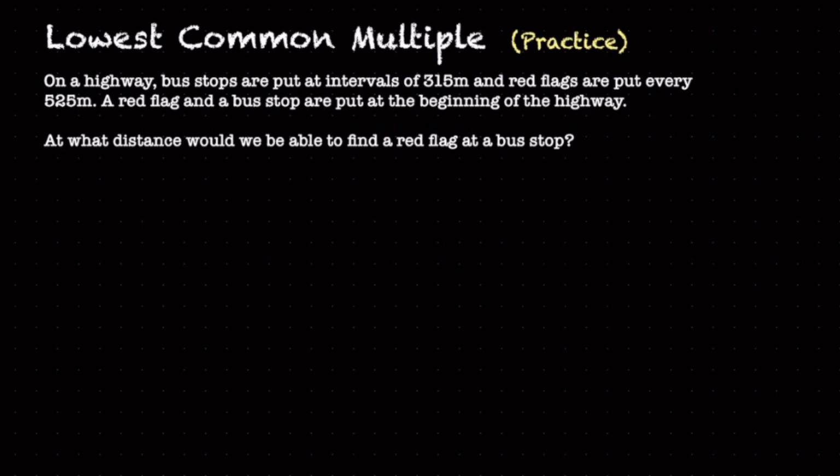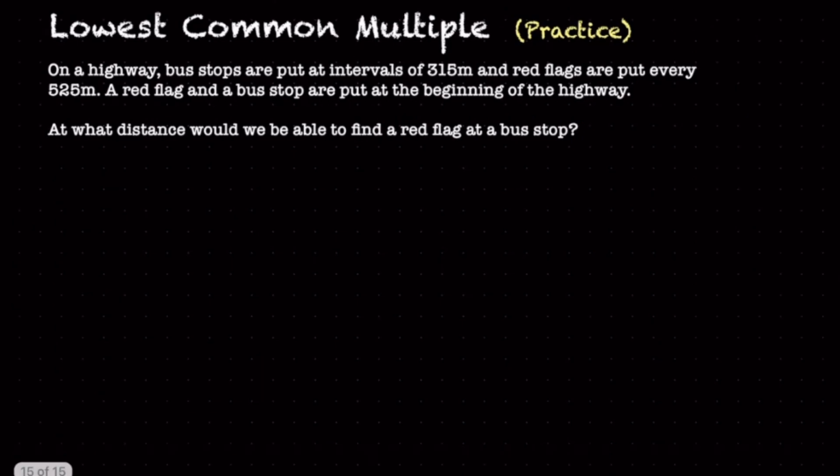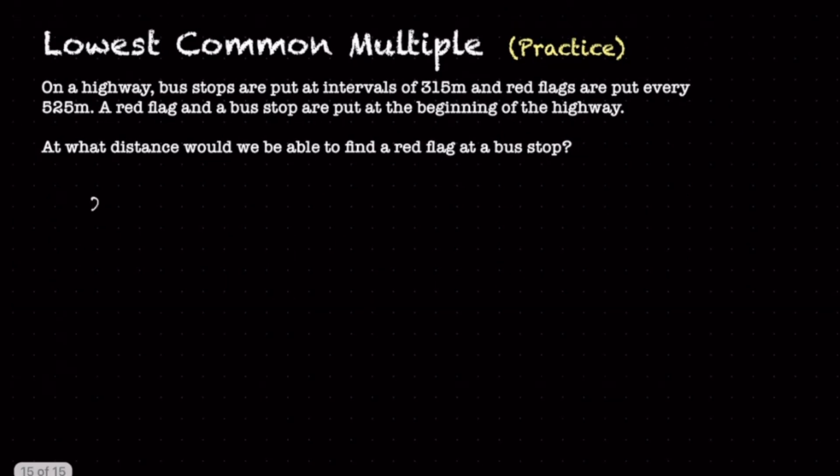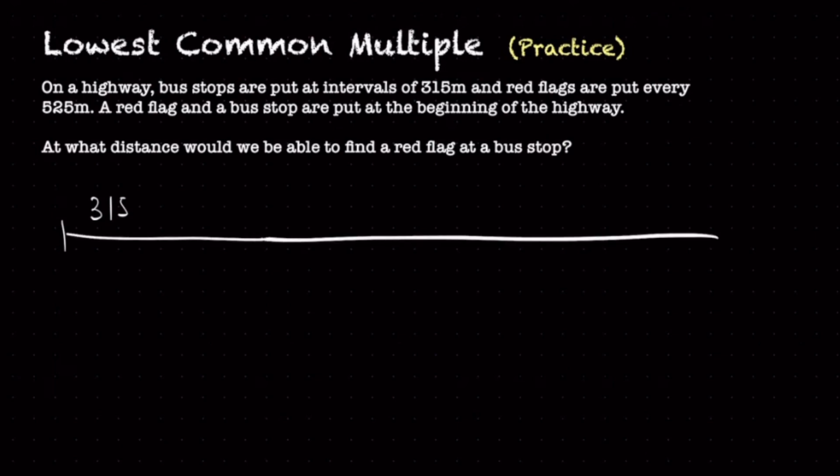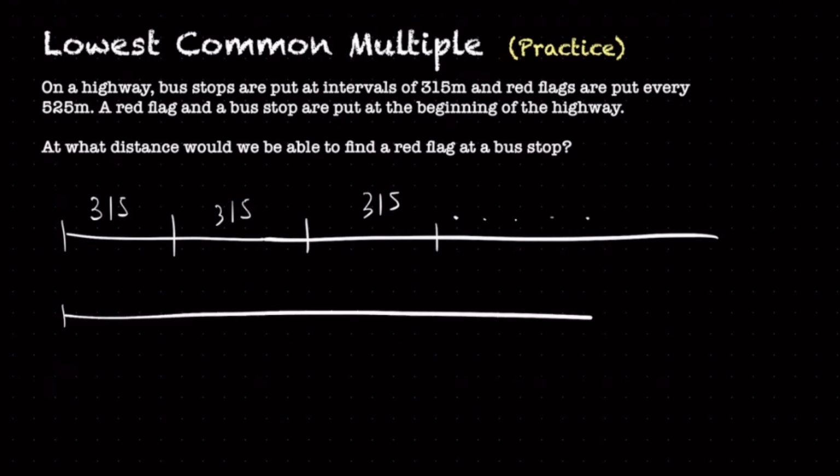So right here, we have this. I'm going to draw this out. We have 315, and then we have 315, and we have 315, and so on. And then here we have 525 and another 525.